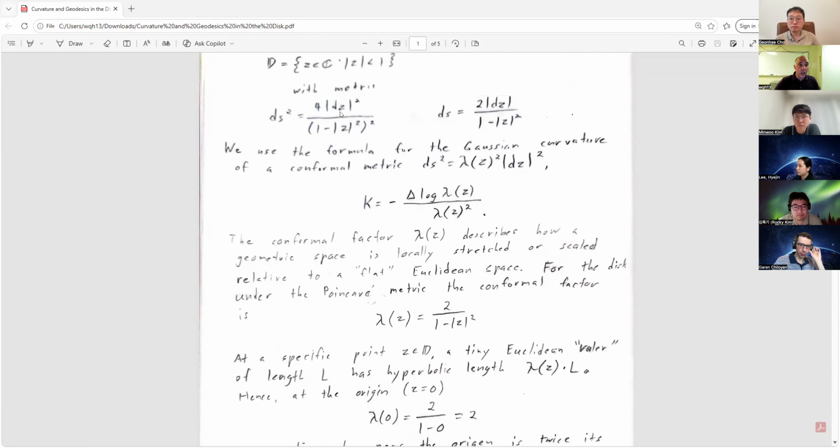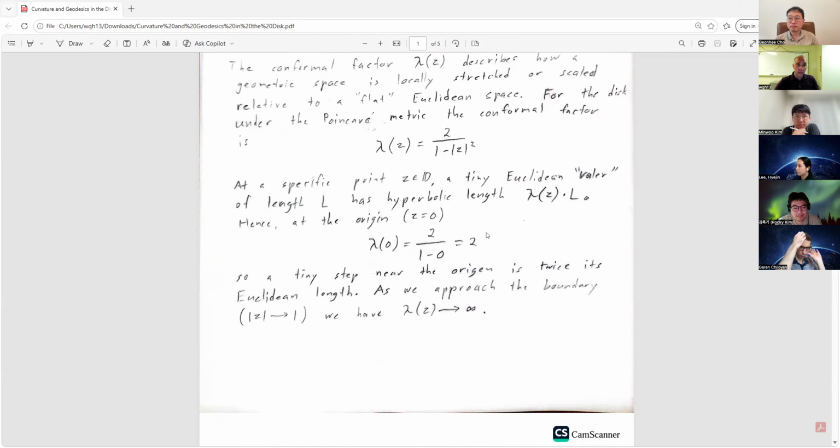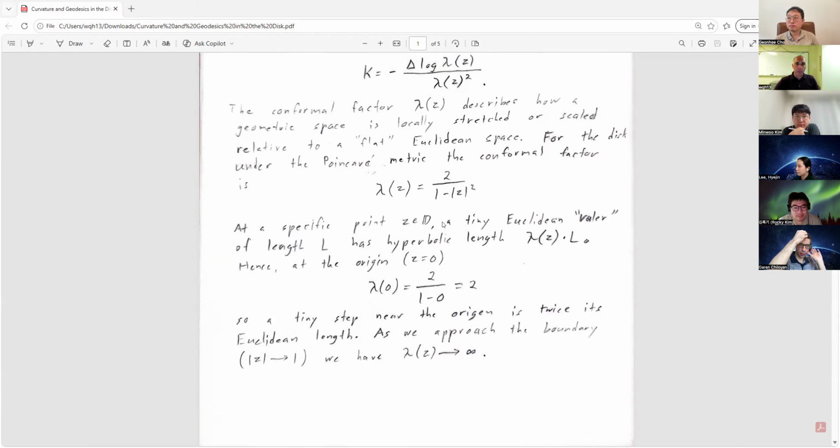And so in our hyperbolic metric that we're using, our lambda z is just going to be whatever is multiplying modulus dz here. So this is 2 over 1 minus modulus z squared. And this relates how the space is stretched or scaled, as I said, compared to flat Euclidean space.